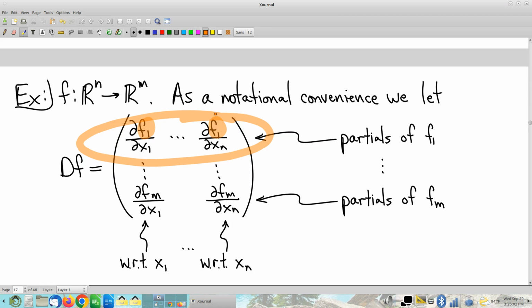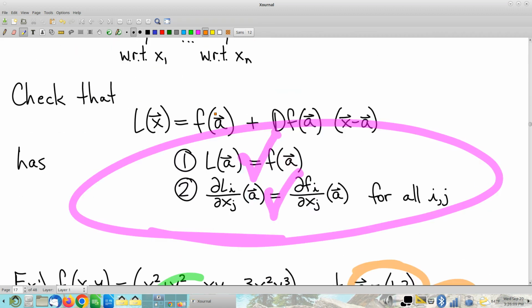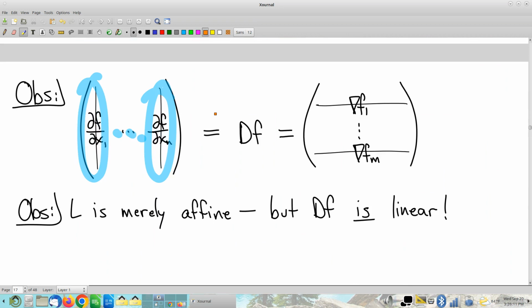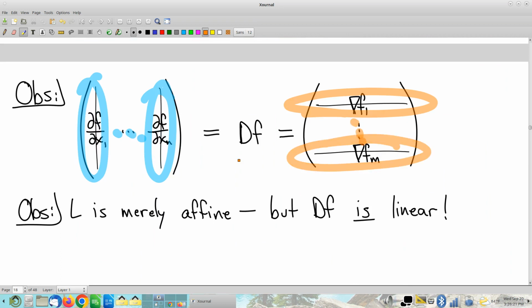All of the various partial derivatives of a real valued function. That's a gradient. That's literally, by definition, the gradient. So now it's written as a row instead of as a vector, but nevertheless, that row is the gradient of f1. And likewise, for the other rows, they're all gradients of the coordinate component functions of f. Okay, so just kind of a nice observation about some structure that conveniently shows up in the derivative matrix.